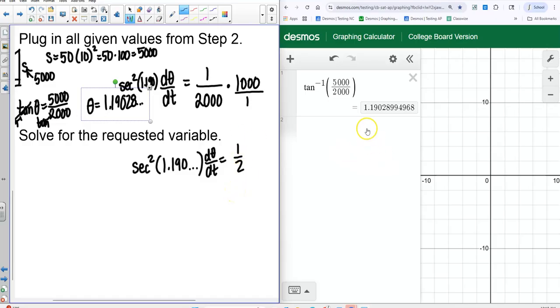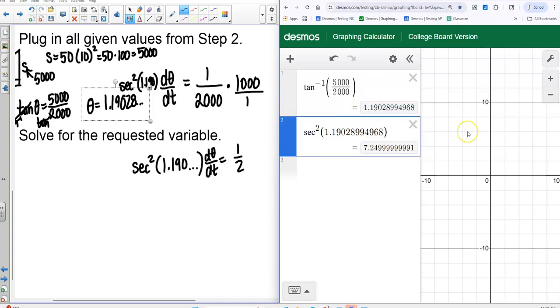I'm just going to type the secant in. I think Desmos does secant squared correctly. Let's check it. Okay, it worked. So I've got 7.249 repeating. I bet that's 7.25 exactly. But we'll just copy and paste.